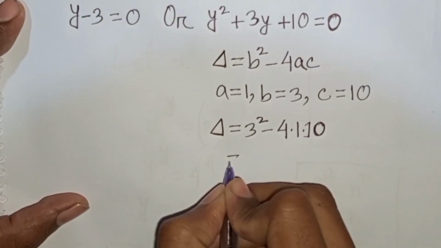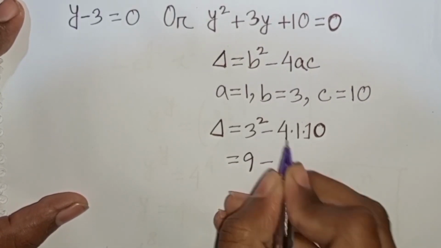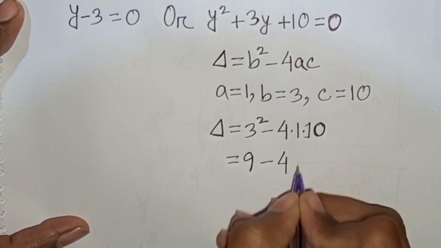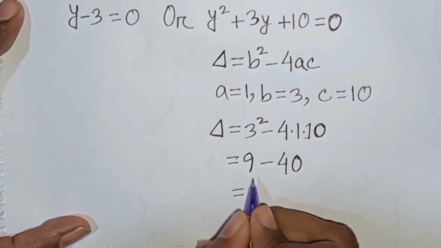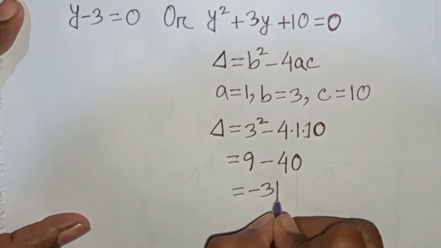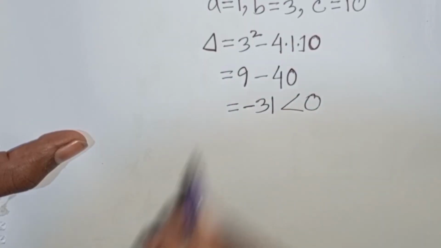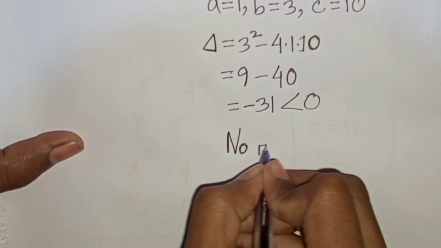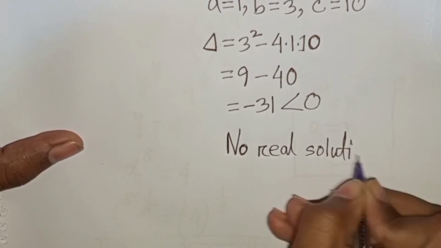Now it is equal to 3 square, which is 9, minus 4 times 1 times 10, that means 40, then it is equal to 9 minus 40, that means minus 31. So minus 31 is less than 0. So here no real solution.